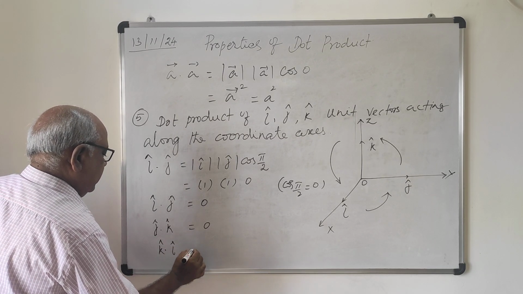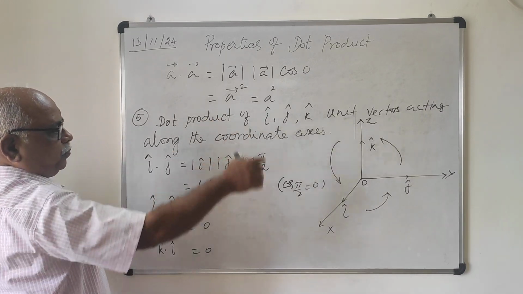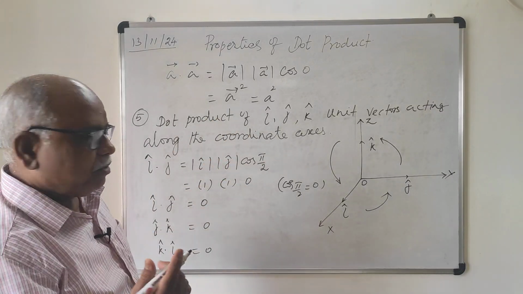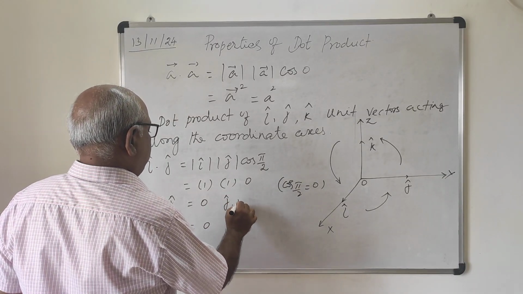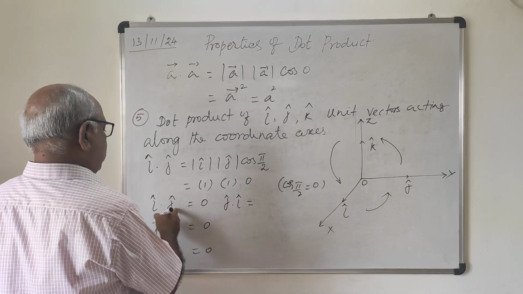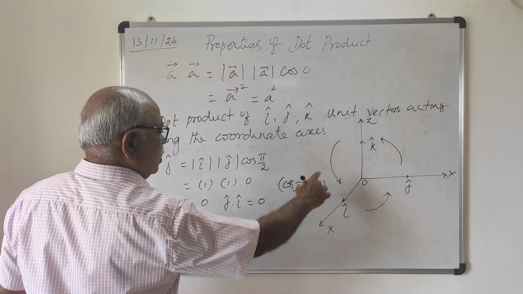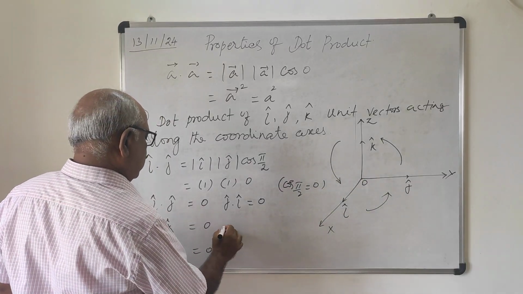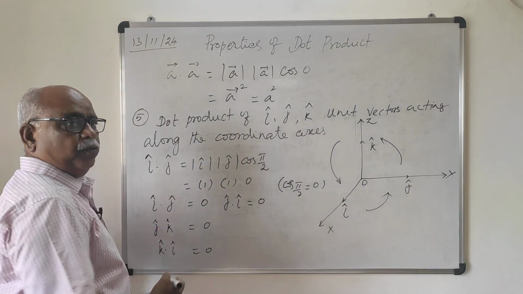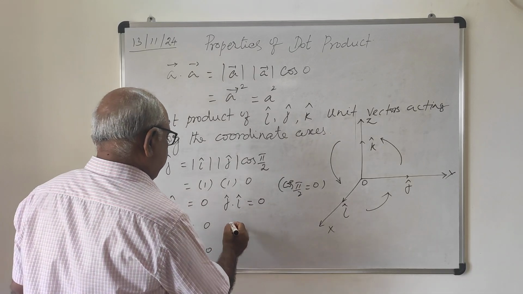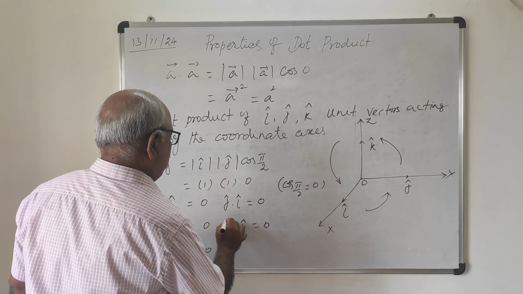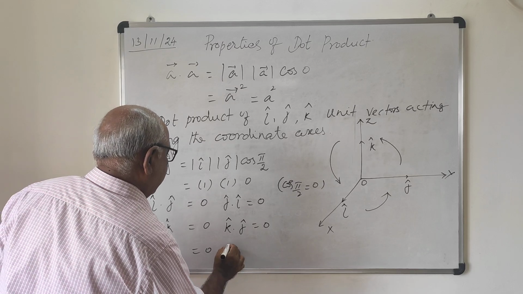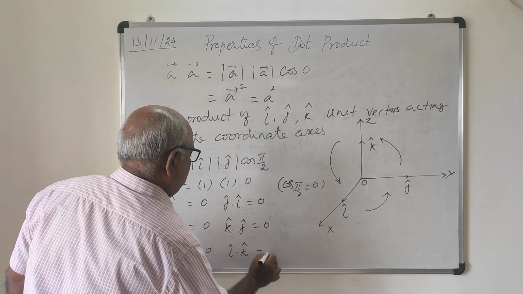Our dot product is commutative, therefore i dot j is also equal to j dot i. i dot j is 0 implies j dot i is also 0. Similarly, j dot k is 0 implies k dot j is also 0, and i dot k is also 0.